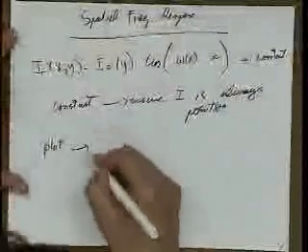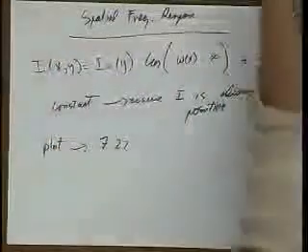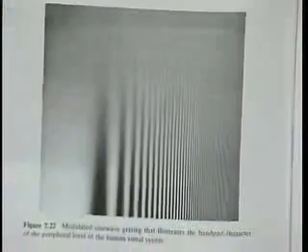I get this figure 7.22 in the book, and I'm just going to show it to you. If you can zoom in, please. Okay, and so this is exactly what we expected it to be, right? The spatial frequency as we move from left to right increases.